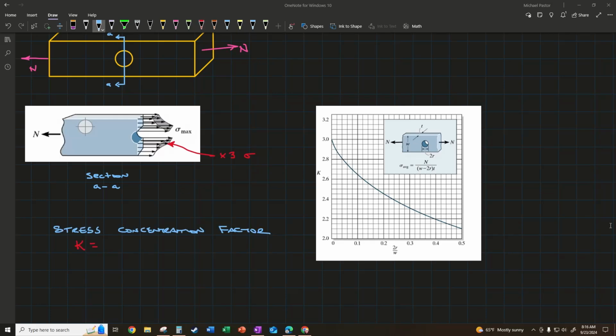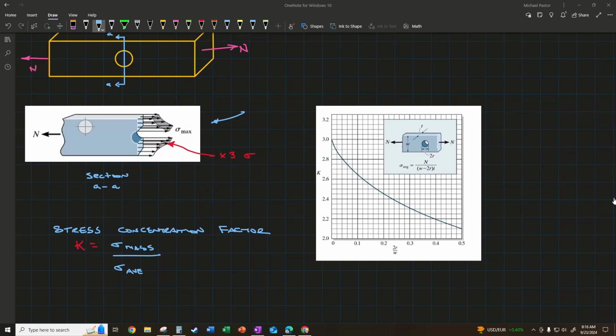And it relates the maximum stress over our cross-sectional normal stress, or our average, what we would call in the past our average stress.